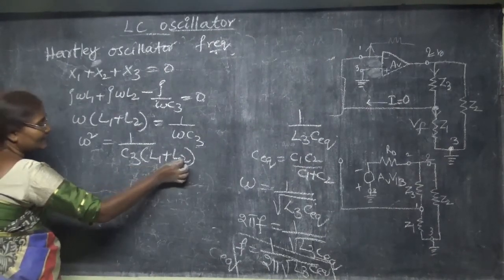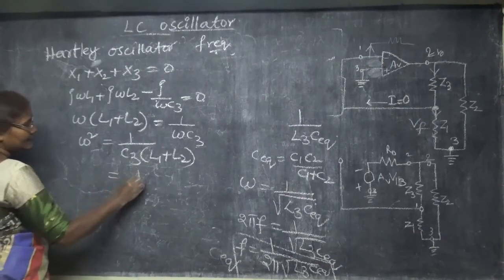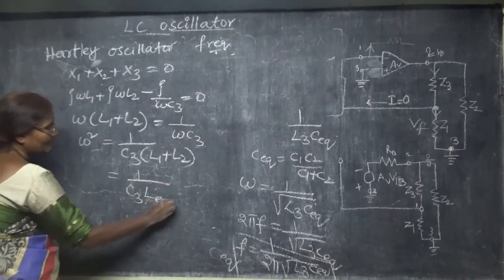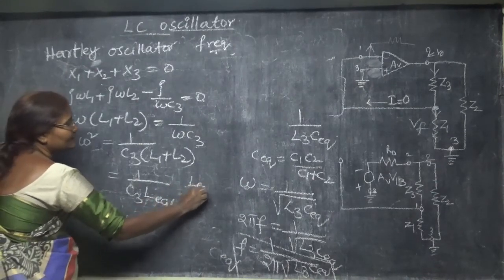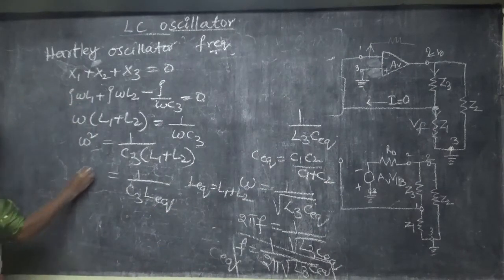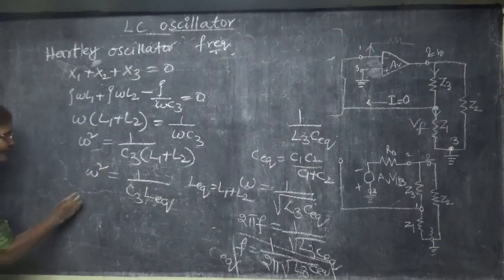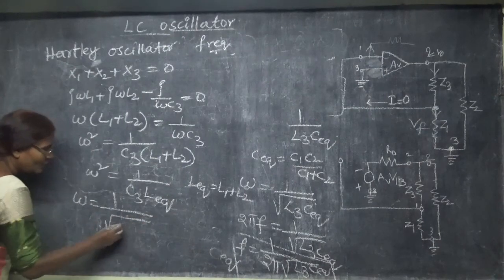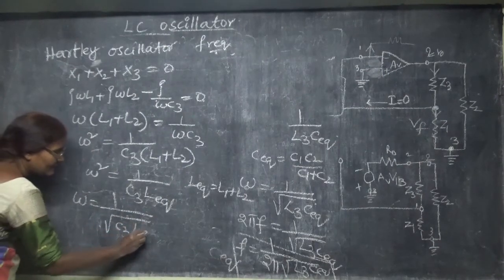So I will take it as L equivalent, and L equivalent is equal to L1 plus L2. Now, what is my omega? Omega will be 1 by root of C3 into L equivalent.